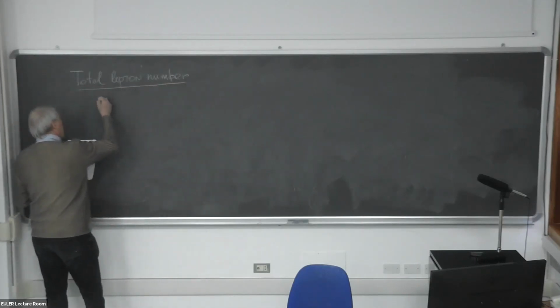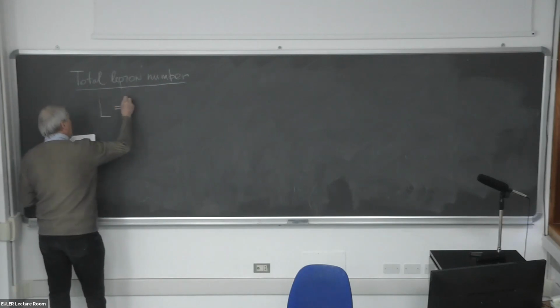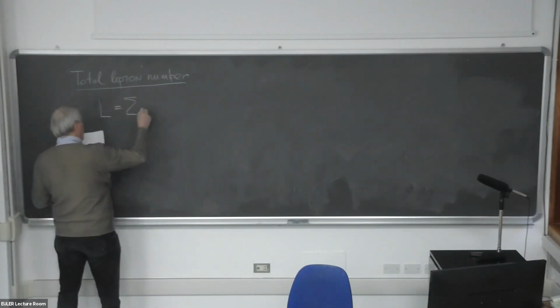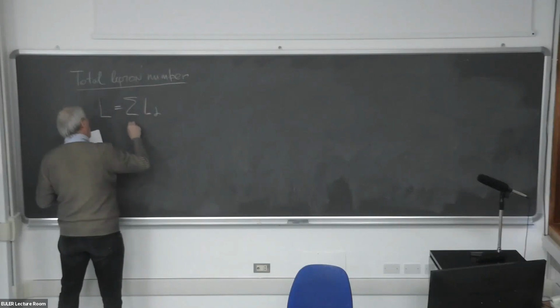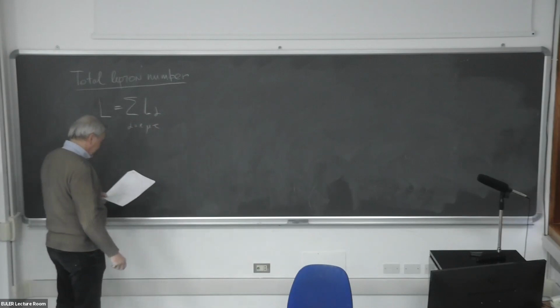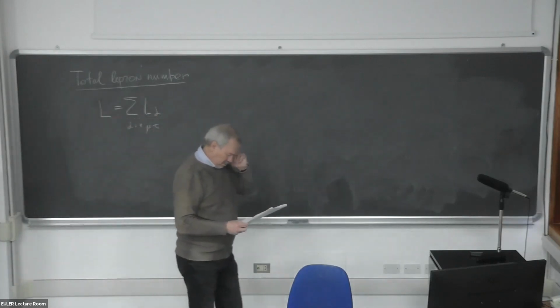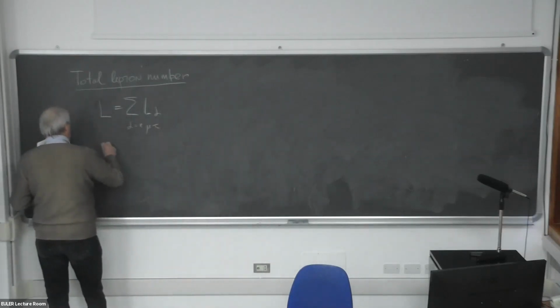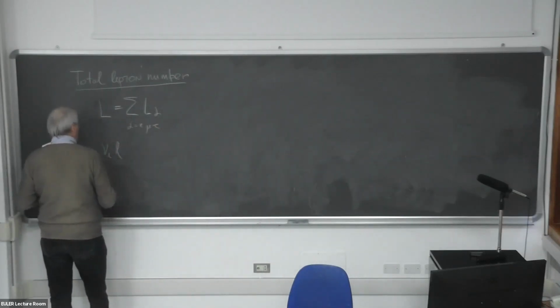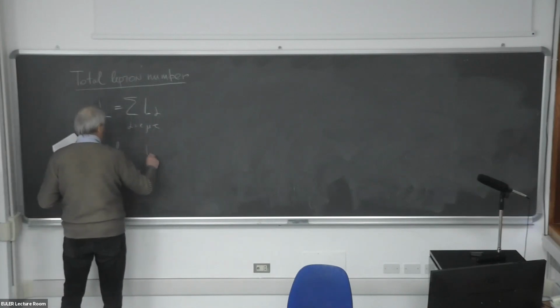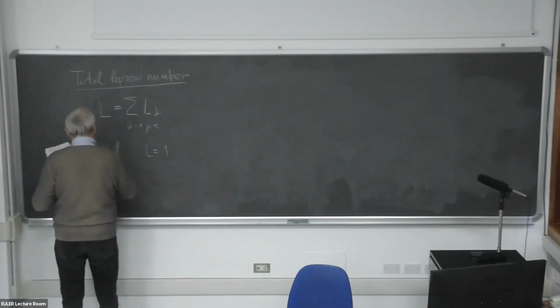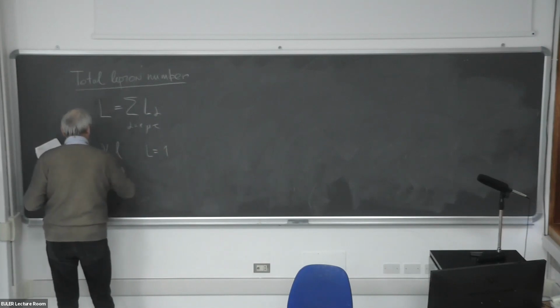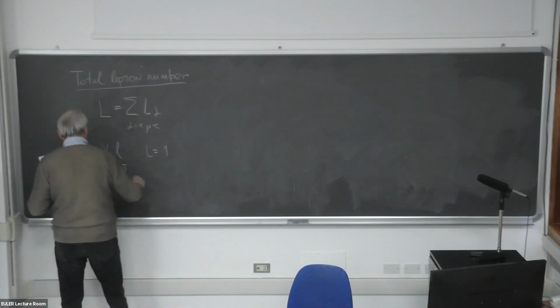Total lepton number is just the sum over L_alpha, where alpha is e, mu, and tau. So lepton numbers of neutrinos and corresponding charged leptons are +1, and for antineutrinos and antileptons, it's -1.